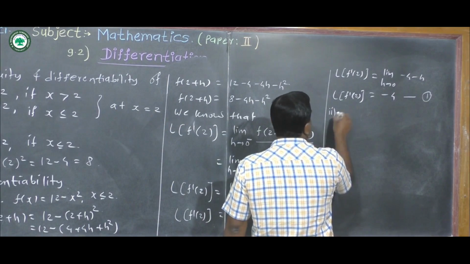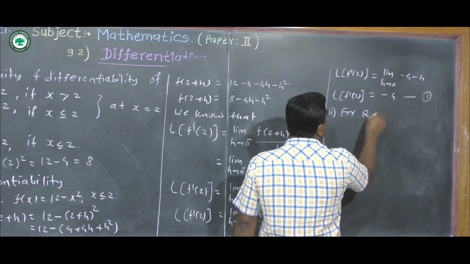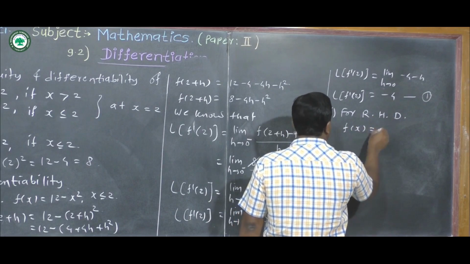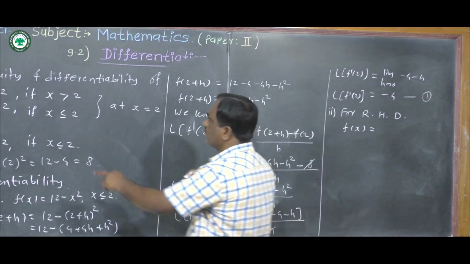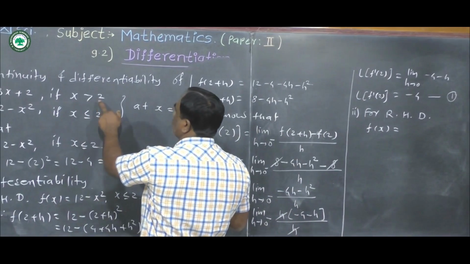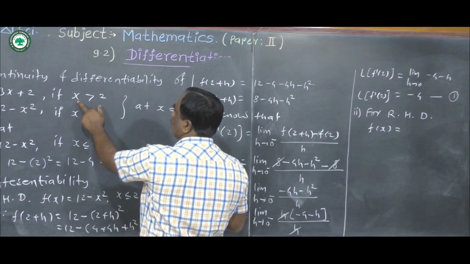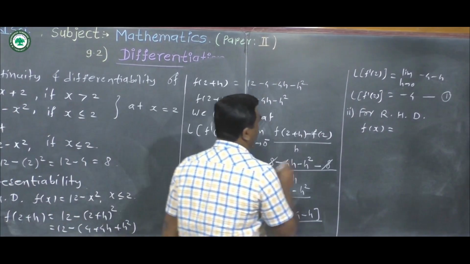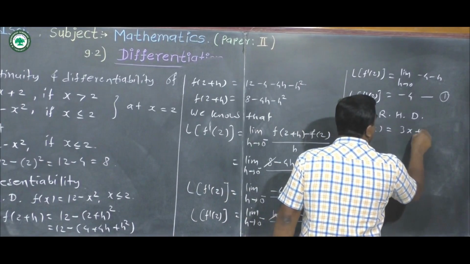Now we have to find the right hand derivative. Number second, for the right hand derivative, we consider the value of f of x as x tends to 2 from the right, that is from bigger to smaller. f of x is equal to 3x plus 2.